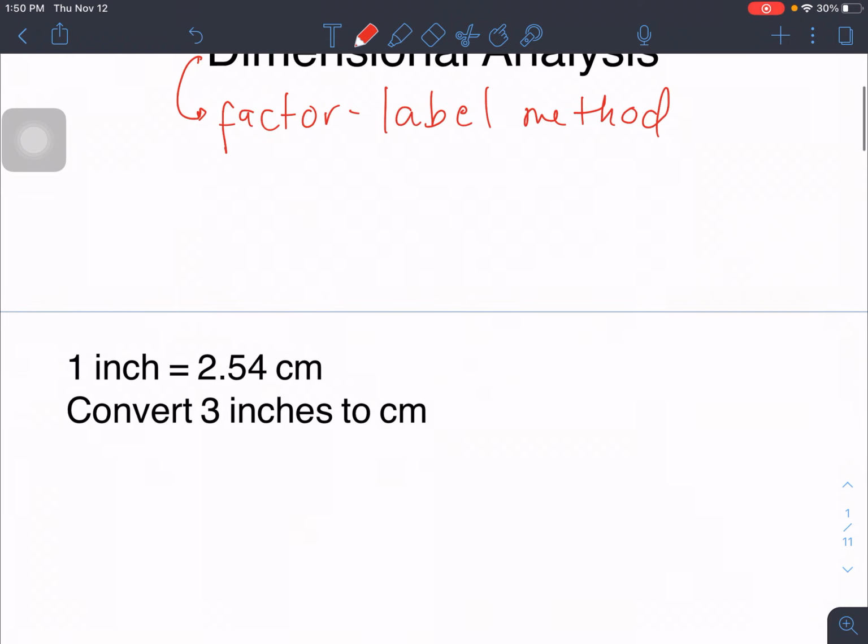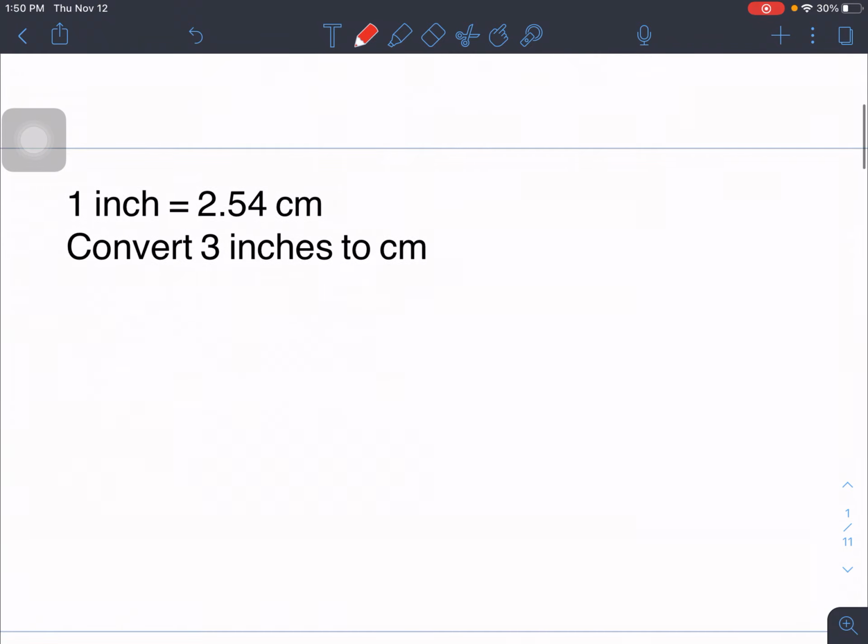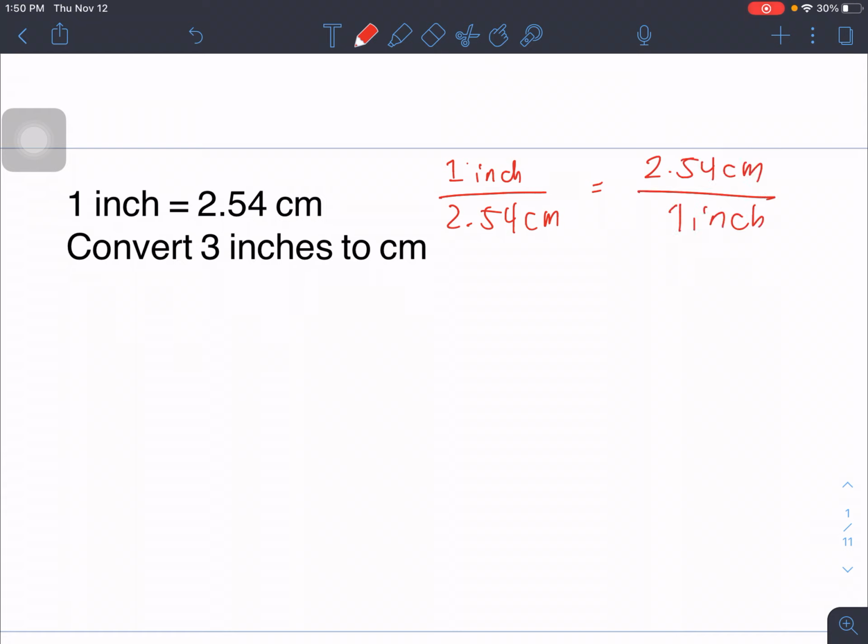So for example, I'll have here a conversion factor wherein 1 inch is equal to 2.54 centimeter. So 1 inch over 2.54 centimeter is equivalent also to 2.54 centimeter over 1 inch, because these values correspond to the same length.